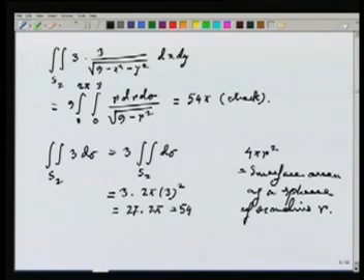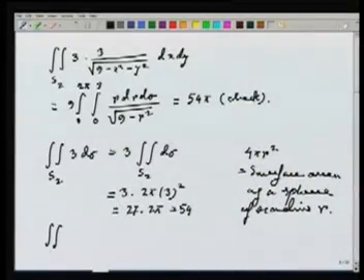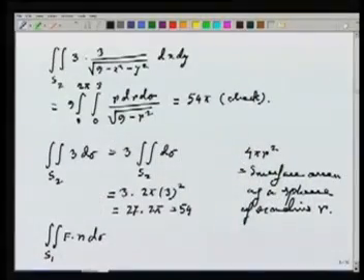Okay. But still one more portion of the surface is left, that is z equals 1. So now I have to calculate the double integral over S1 of f dot n d sigma. Notice that S1 is the portion of the plane z equals 1. Okay. So on that, which function do I want to evaluate? That is, what is f dot n?